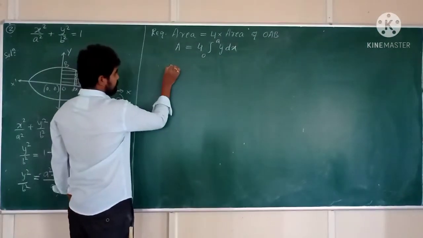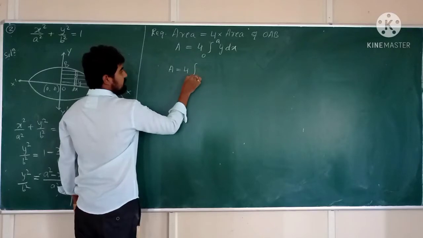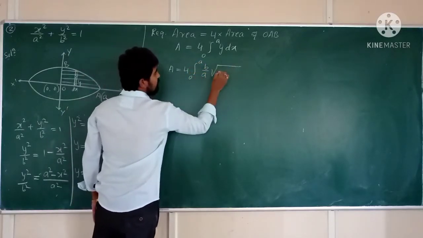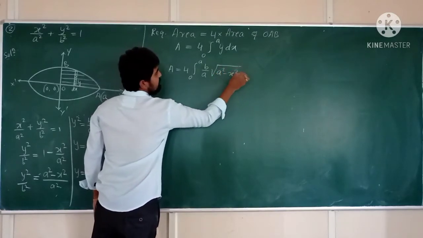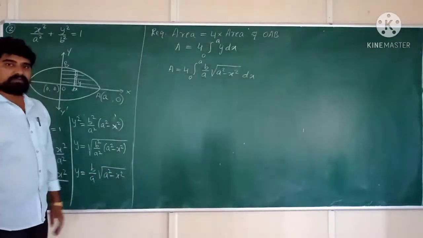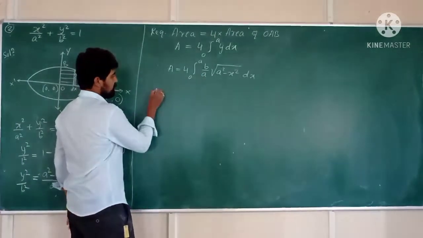Therefore, the area is equal to 4 times the integration from 0 to a of b by a into the square root of a squared minus x squared dx. The value of y is b by a into the square root of a squared minus x squared. So b by a is a constant, taken outside the integral.